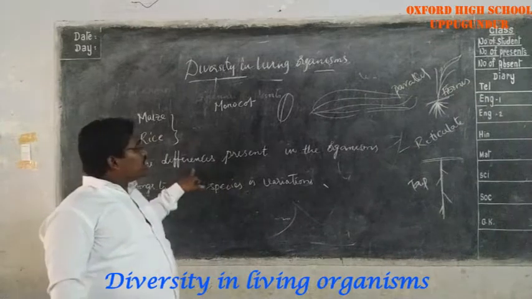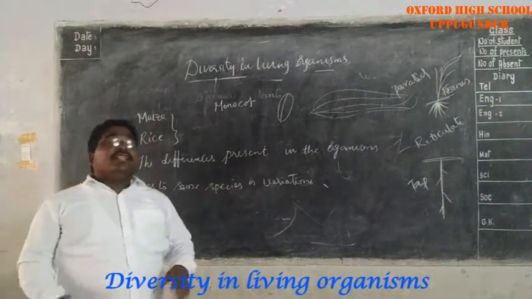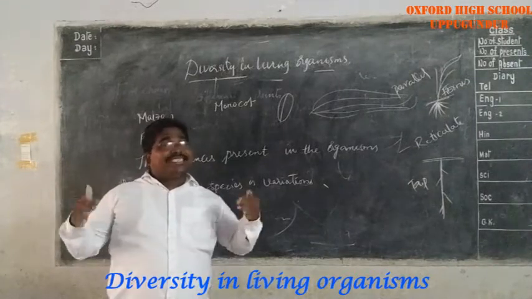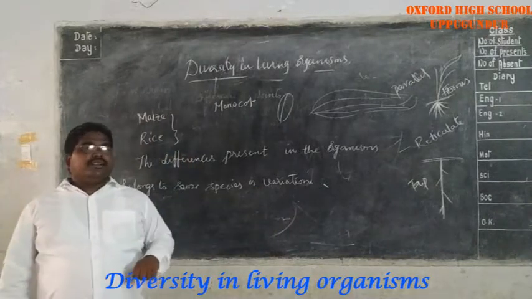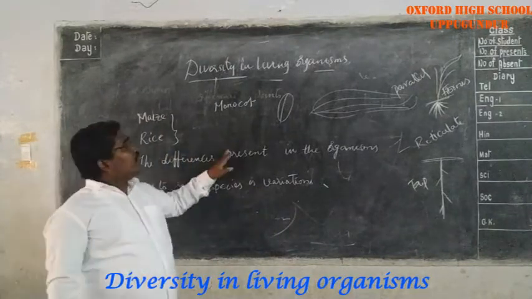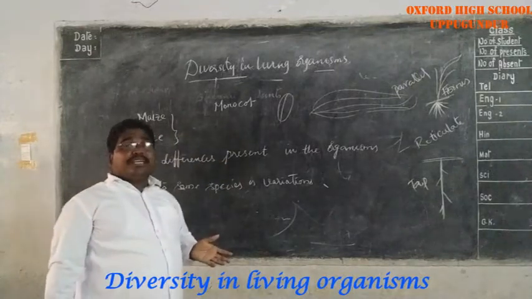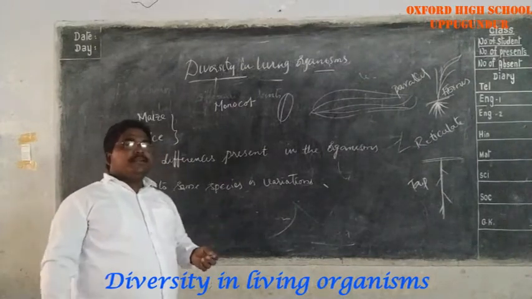The differences present in the organisms of the same species are called variation. The variations present between different species are always greater than the variations present in the same species. So in this way we can say that different types of variations or differences are present in the organisms among the species.